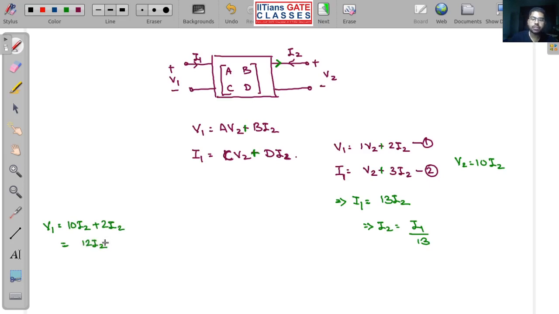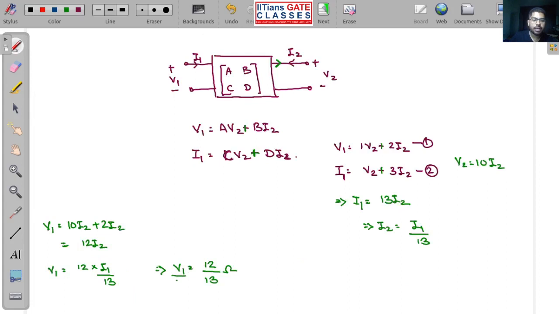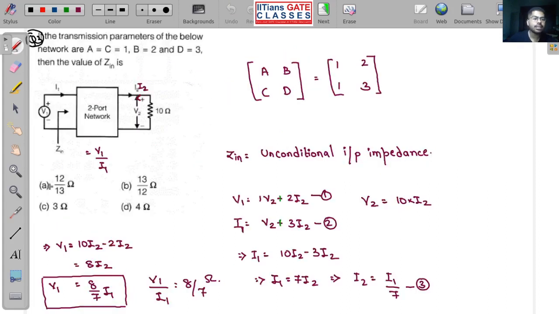So I2 is equal to I1 by 13, so V1 is equal to 12 into I1 by 13. So now you can see V1 by I1, sorry, it is equal to 12 by 13 ohm. Now you can see you are getting option A as your answer.